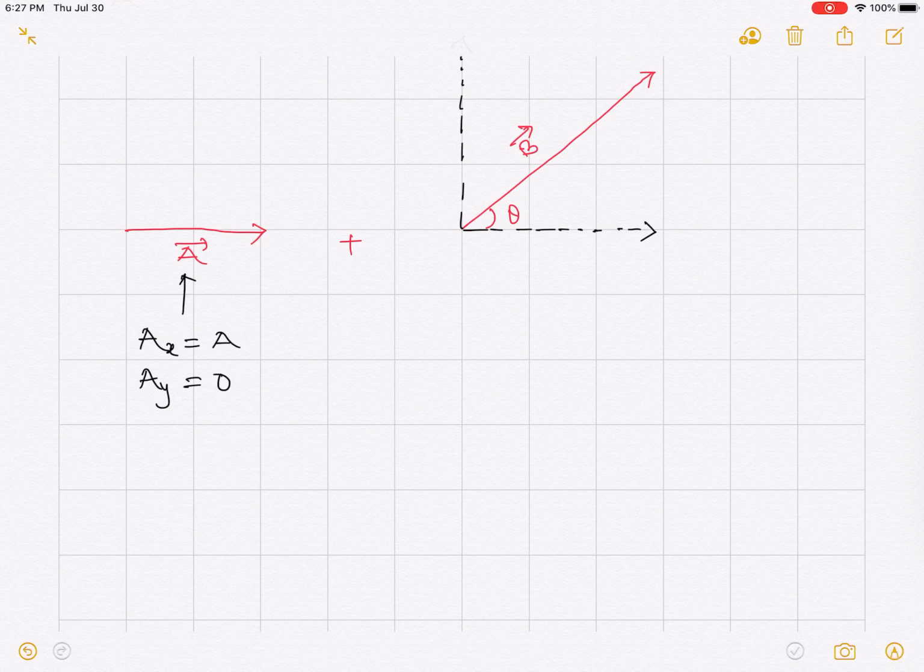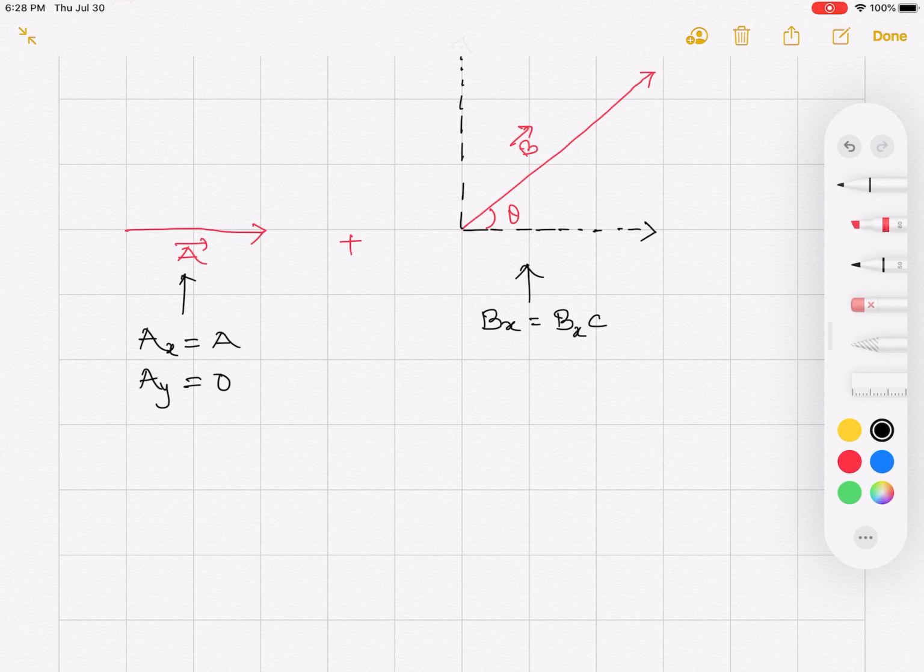And for this vector, the x component is this, making theta with the x direction, so it's simply b cos theta, and y is b sin theta.